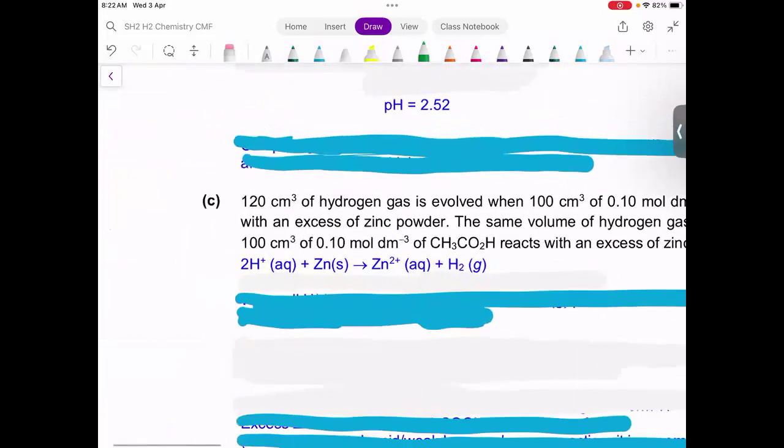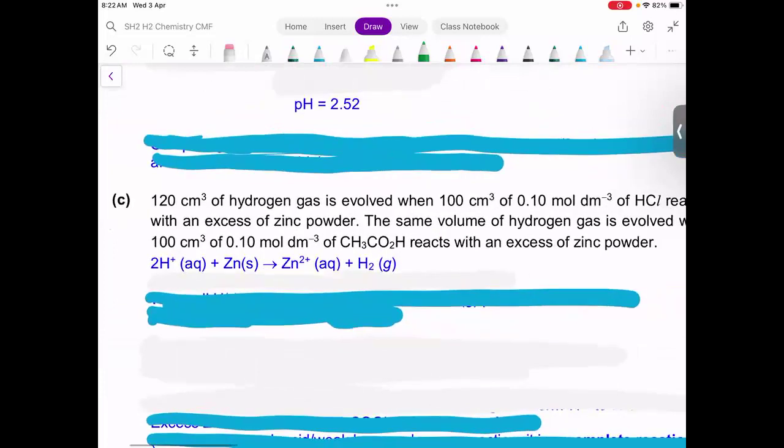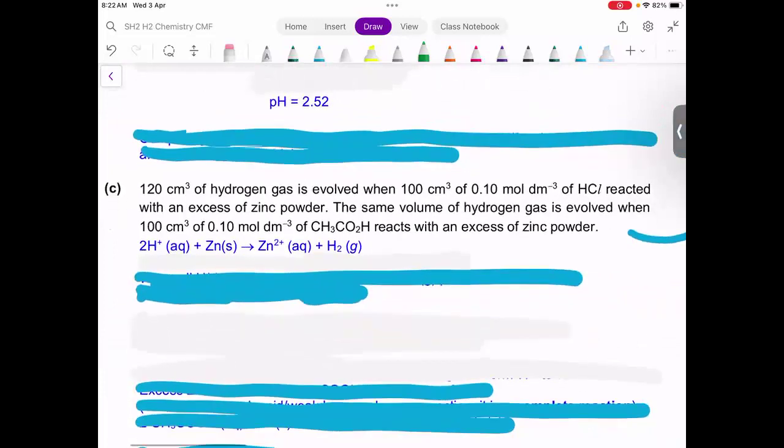All right, so let's look at the next part. What is important in this question? Can someone tell me? What do you think the question is trying to ask you to explain? Acid-base reaction is a complete reaction.